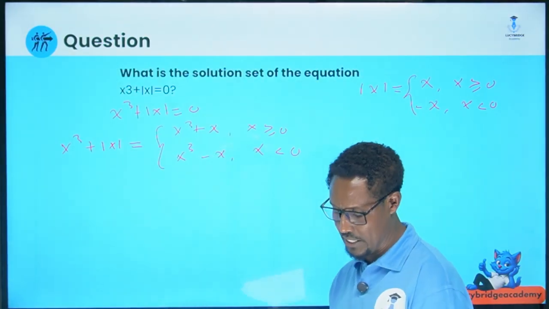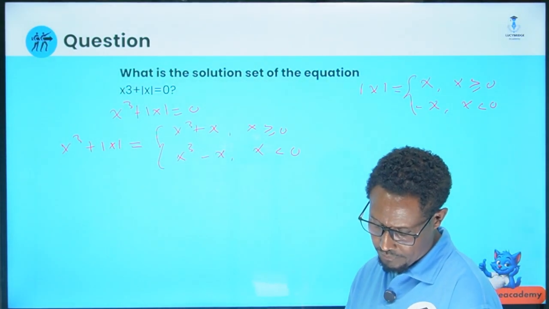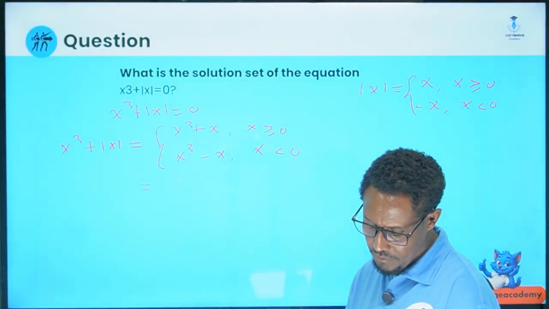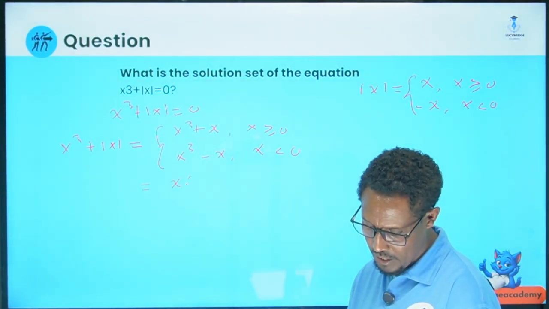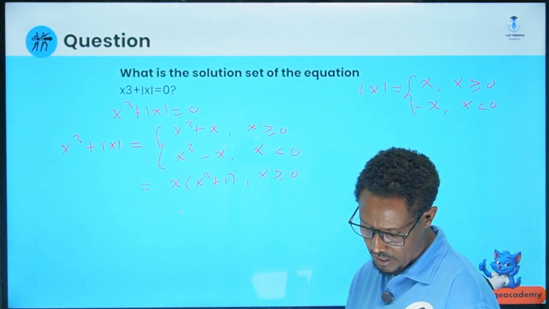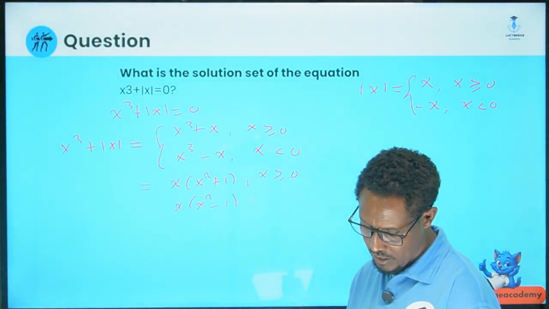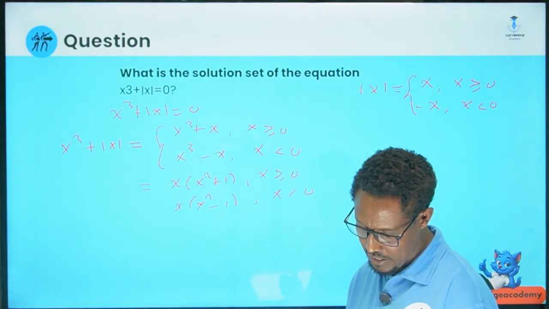Applying the definition, now this means x is common: x times x squared plus 1 if x is greater than or equal to 0, and x times x squared minus 1 if x is less than 0.